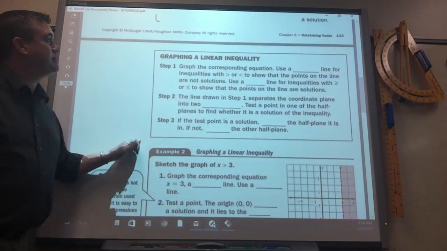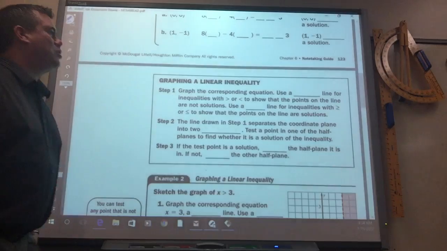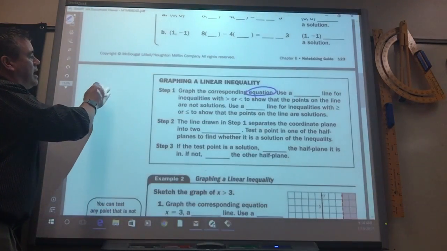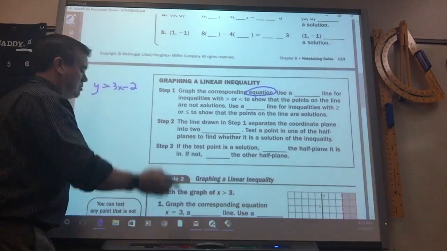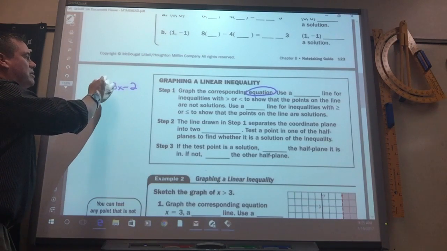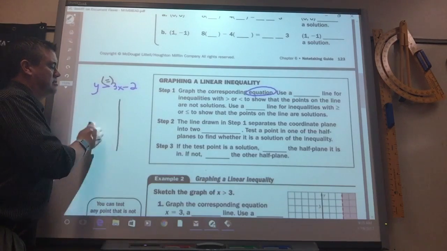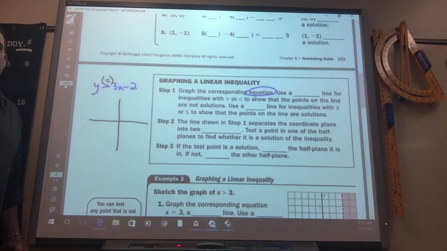Now the graphing. You graph the corresponding equation. If it was like this, y is greater than 3x minus 2. You treat it like it's y equals, and you graph it the same way. So what's the first point you put on there?